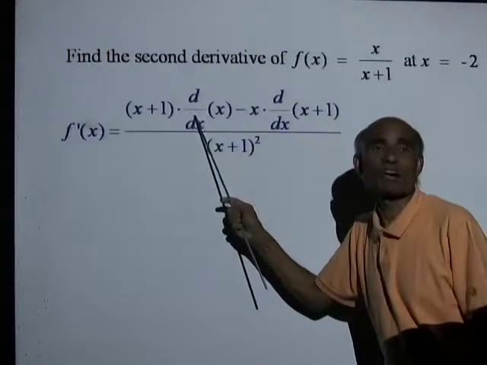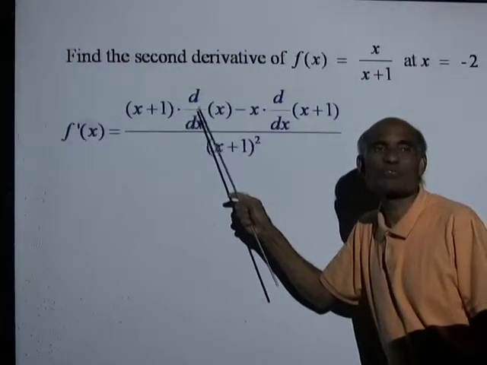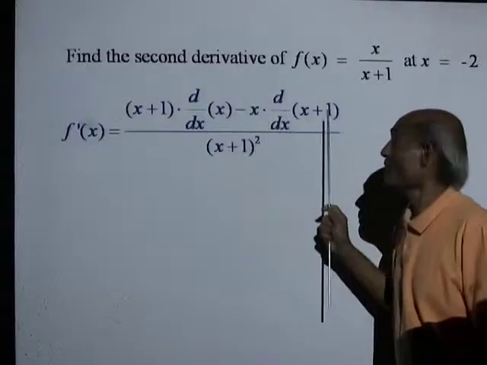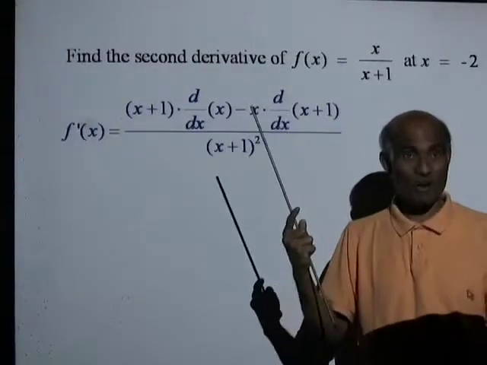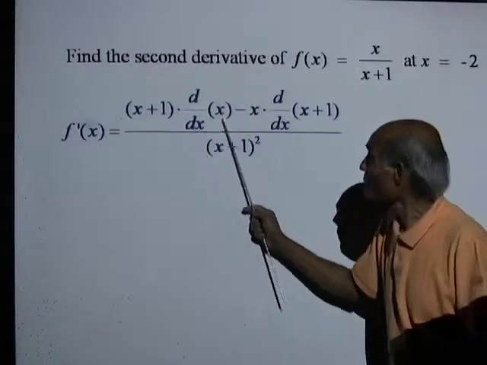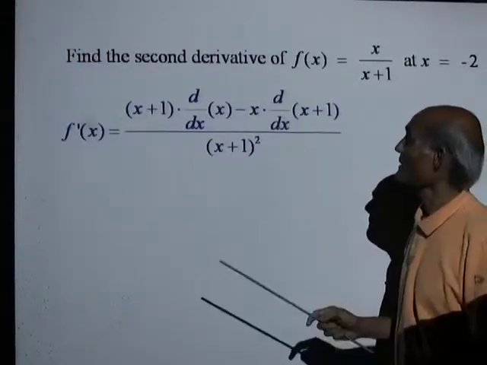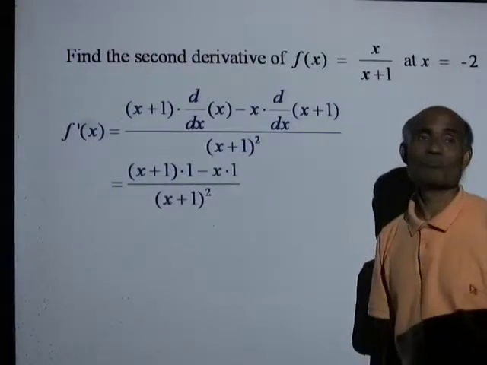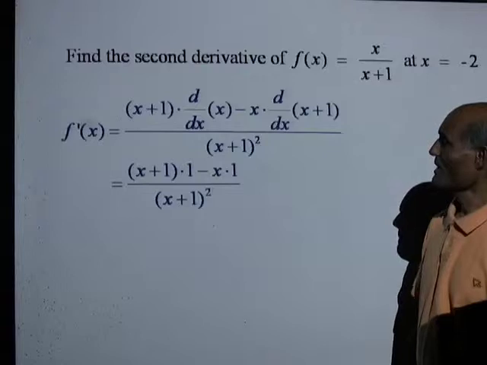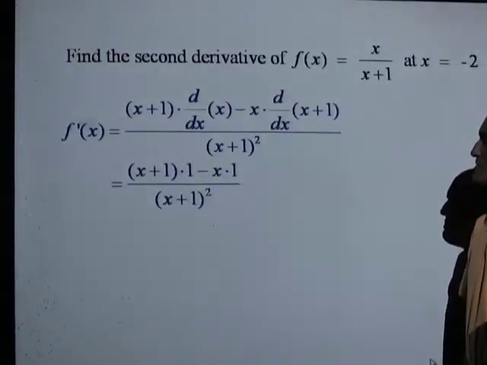Well, you know these things now very well. The derivative of x with respect to x is 1. Also the derivative of x plus 1 with respect to x is 1. So this is 1 and this is 1. That will give you x plus 1 times 1 minus x times 1 over x plus 1 squared.